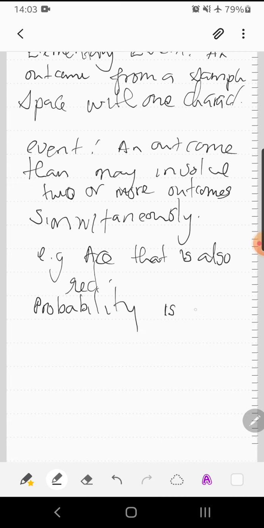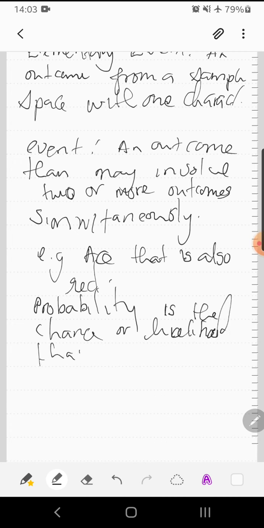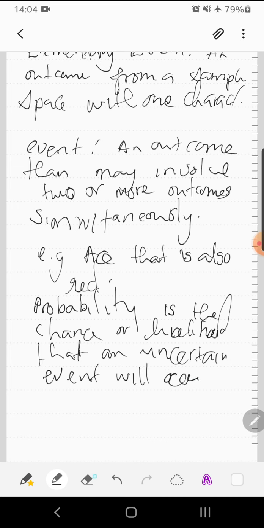Probability is the chance or likelihood that an uncertain event will occur, and it is always between 0 and 1.